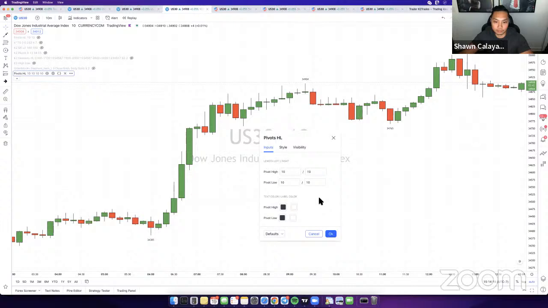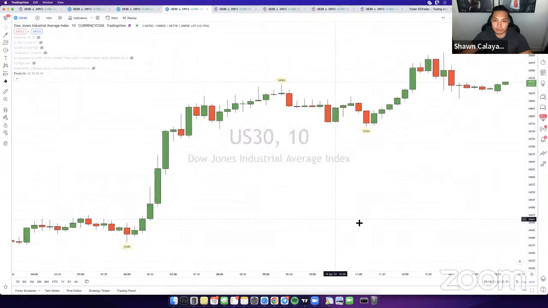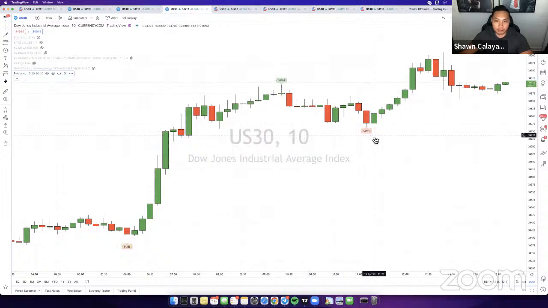You can just change the color right there. The next box, if you want it to look just like mine, I think mine is a shady yellow. So you just change that to yellow, or a different color like green. It's really up to whatever you want to color it. I think this probably works better if you change it to green and red.